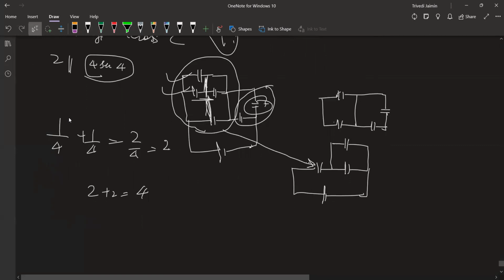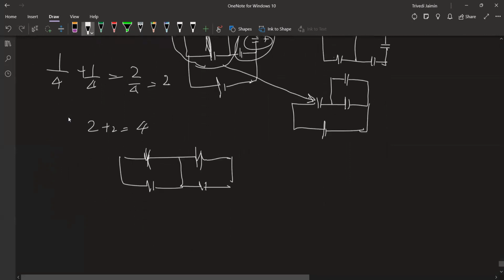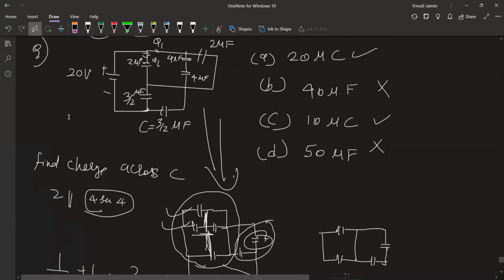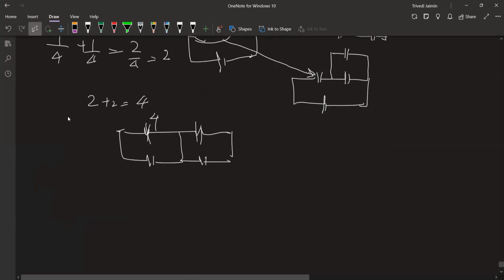So let me again draw. This is a capacitor. This is 4 and what is nearby? It's 2. This is 3/2, 3/2.